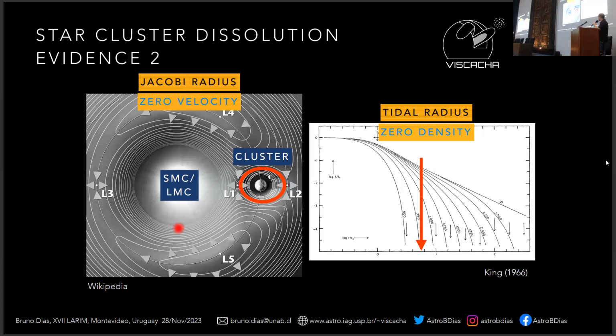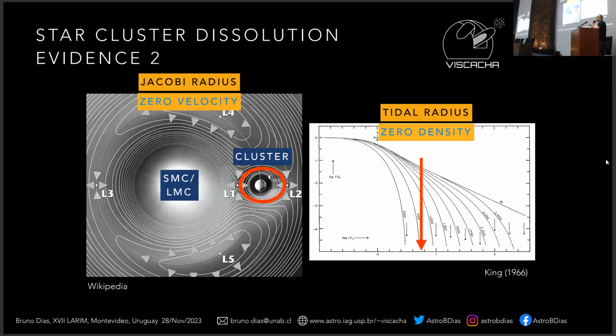If the base potential here, either SMC or LMC, is stable, and the orbit of the cluster is stable, everything is relaxed. So the Jacobi radius and the tidal radius are the same, right? So what happens if the LMC and SMC have a close encounter, which we know happens, right?